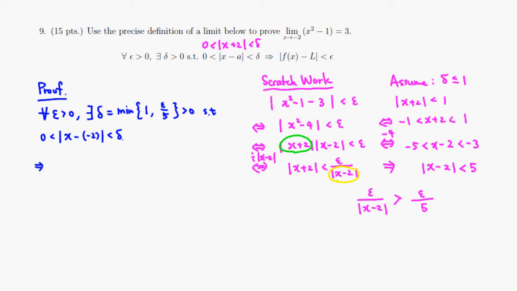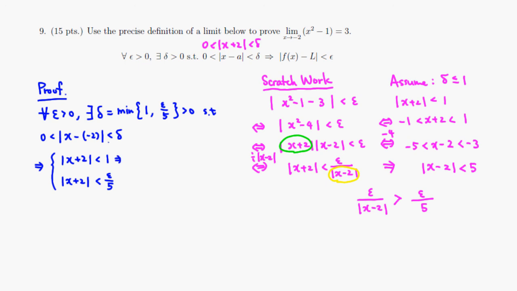Since delta is the smaller of 1 and epsilon over 5, we know that the absolute value of x minus negative 2, which is the same thing as x plus 2, is less than 1. And at the same time, we know that the absolute value of x plus 2 is less than epsilon over 5.